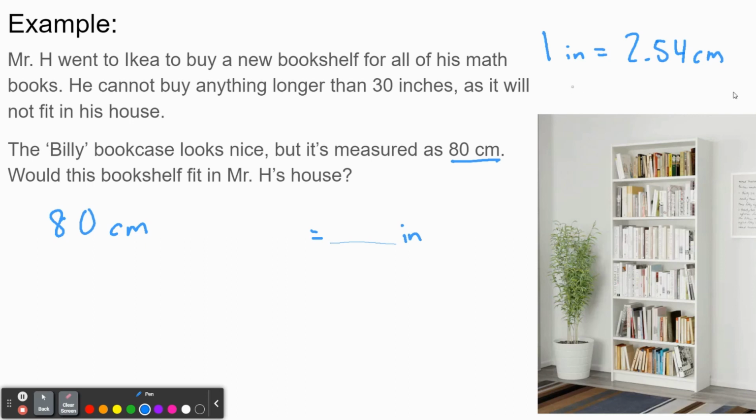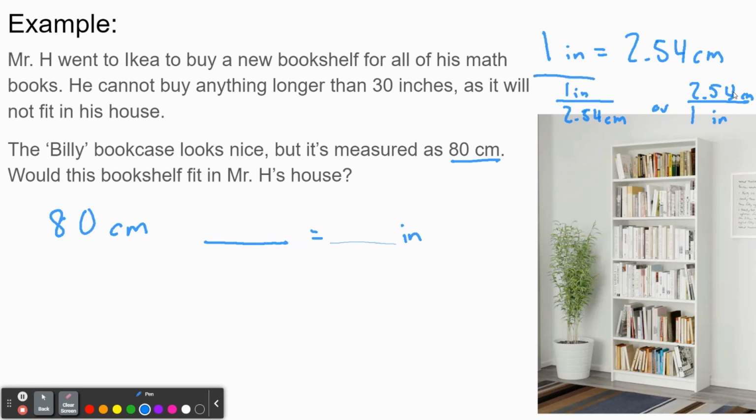This means that we can make a rate. We can either have 1 inch over 2.54 centimeters, or we could have 2.54 centimeters over 1 inch, depending on what we need. If we think back to our last video, we'll remember that whatever we want to find needs to go on top.